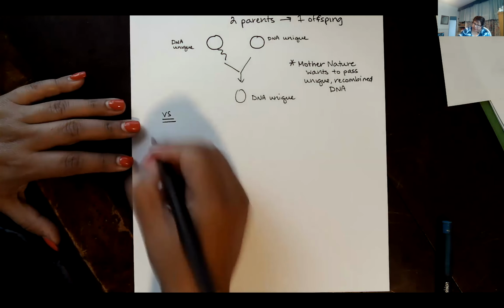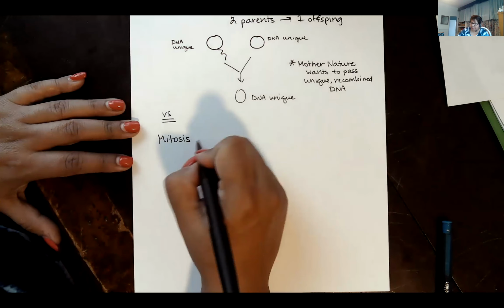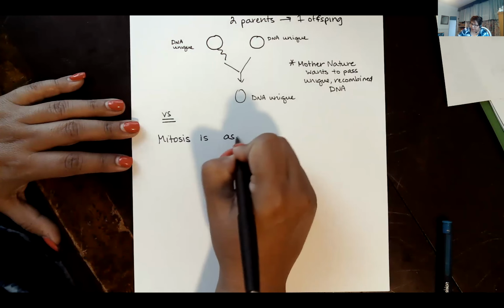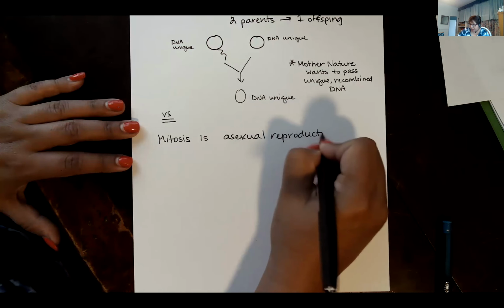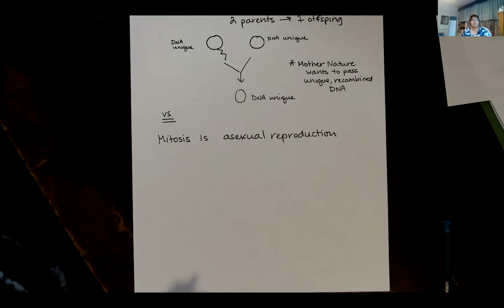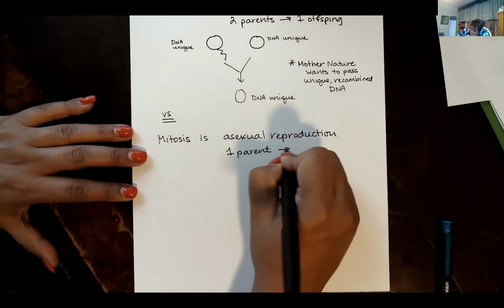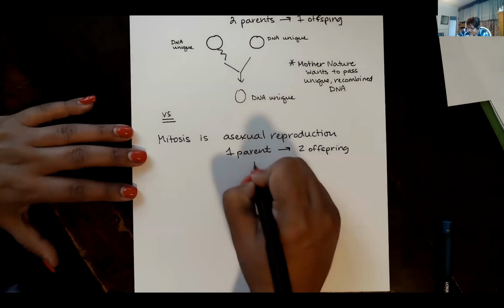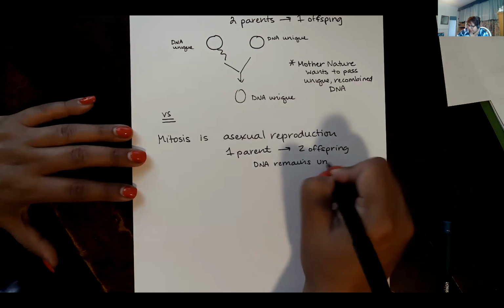Let's compare that to mitosis, and we're going to do a lot of mitosis comparison. Mitosis is an example of asexual reproduction. What I mean by that is you have one parent, two offspring, and the DNA remains unchanged.